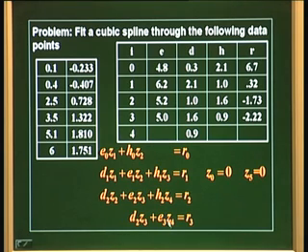Once I solve for Z4, I can substitute that here and solve for Z3. Then once I have Z4 and Z3, I can substitute that here and solve for Z2 and then Z1. So I can solve all this by back substitution, as is known.